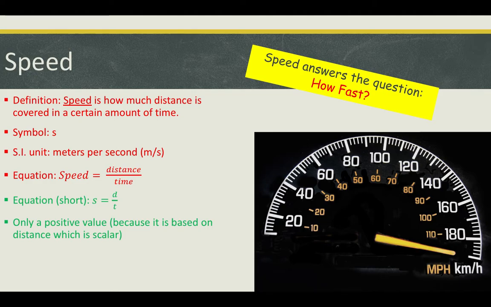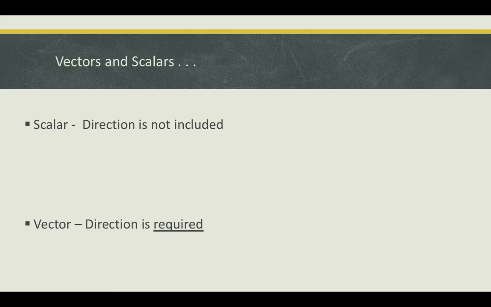Let's go back to the idea of vectors and scalars. So a scalar is a value for which direction is not included. Direction doesn't matter when we talk about mass, or how much matter is in an object. So mass is a scalar. Time is a scalar because time doesn't really have a direction. Time can only move forward.